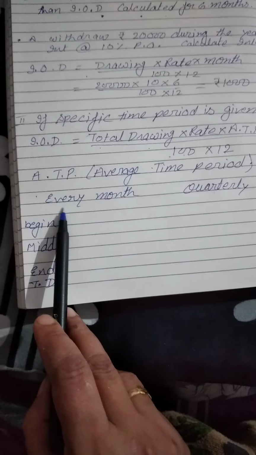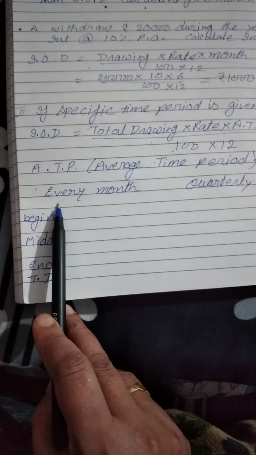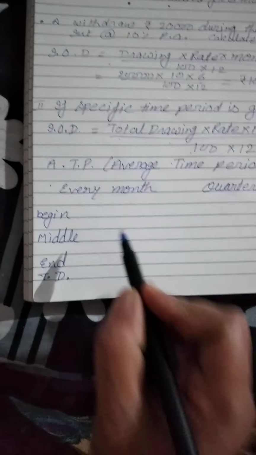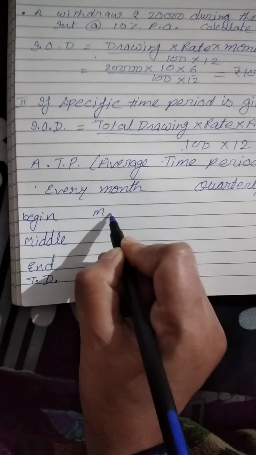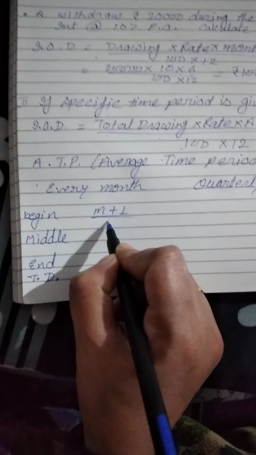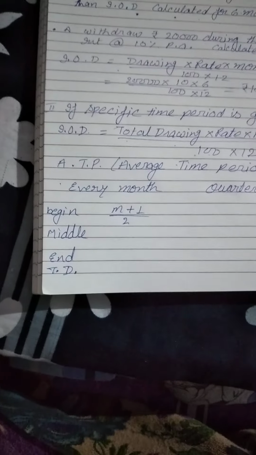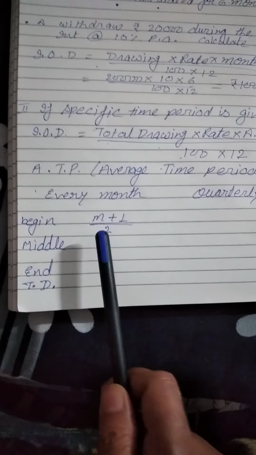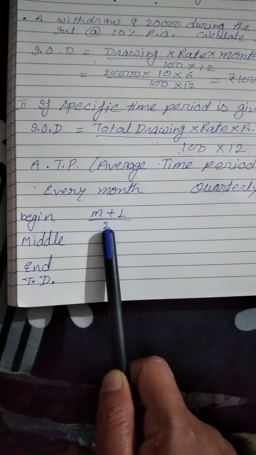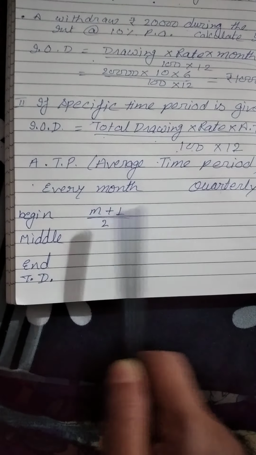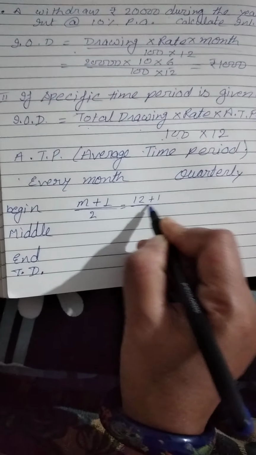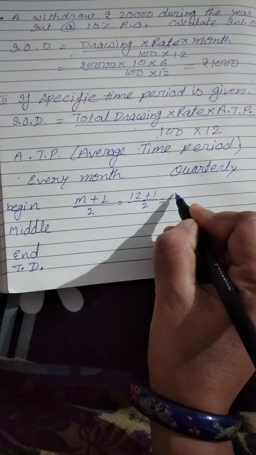If any partner withdraws at the beginning of every month, the ATP is month plus 1 upon 2. If he withdraws in the month of January and the closing date is December, then January is also included. Then 12 plus 1 upon 2, that is 13 upon 2.